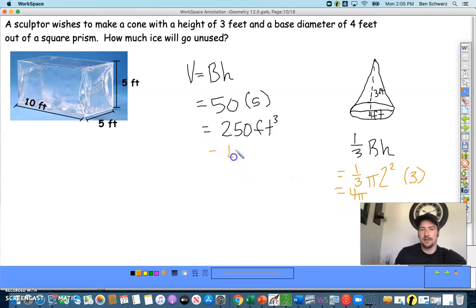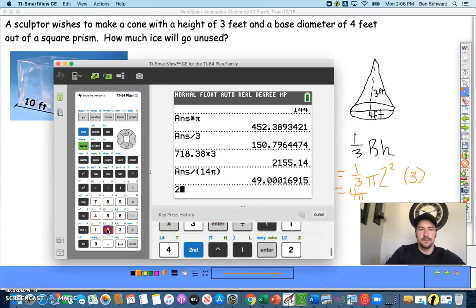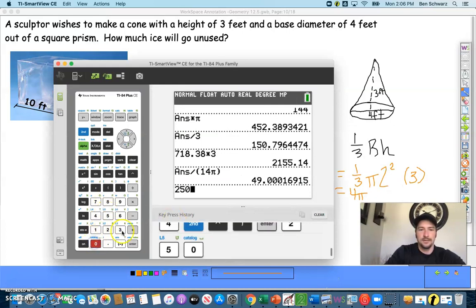So we're going to subtract the 4 pi, which would be the cone. And so if we do that, again, we're going to want to use parentheses. So 250 minus parentheses 4 pi.